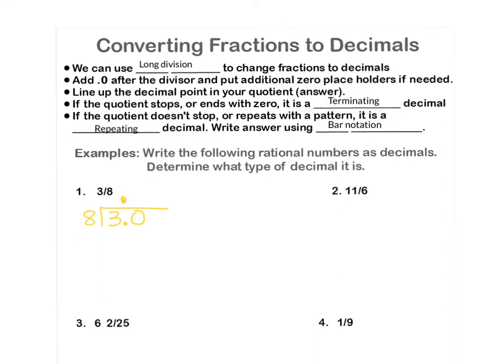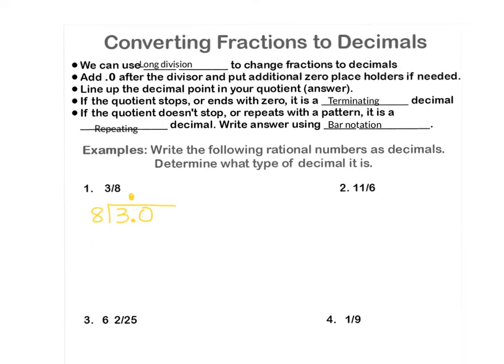8 did not go into 3. It goes in 0 times, but 8 does go into 30 3 times. 8 times 3 is 24. Subtract and get 6. Bring down a 0. 8 goes into 60 7 times. 7 times 8 is 56.